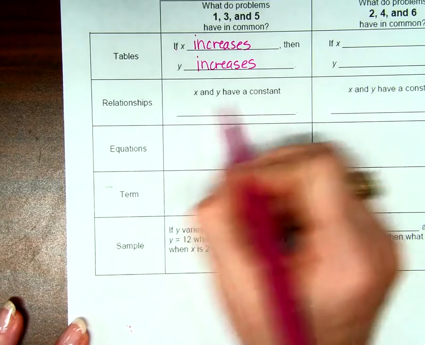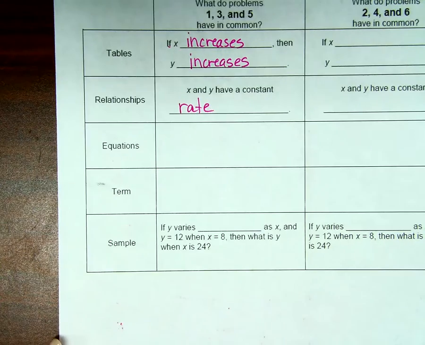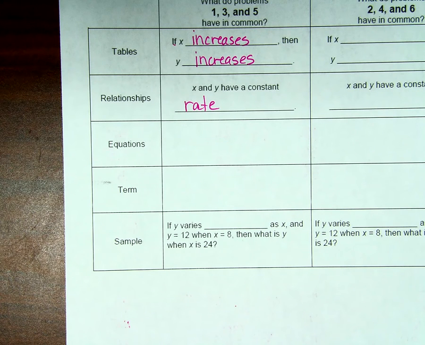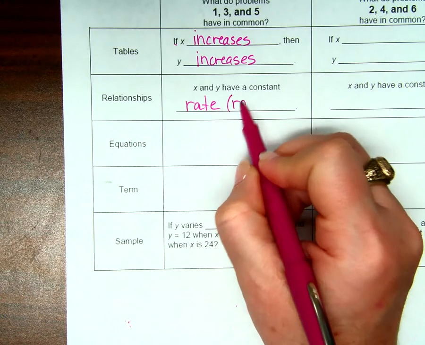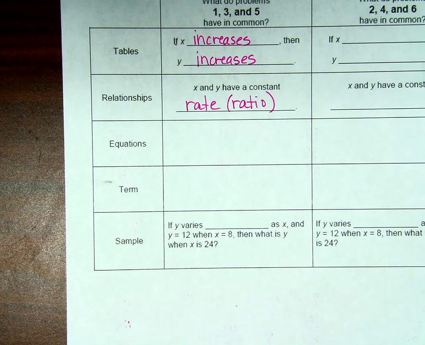So would you be okay if we called it a common or a constant rate? Oh, in fact, didn't you call it a rate of change? Isn't slope and rate of change the same? Right? So x and y do have a constant rate. Another thing that sometimes people call it is a constant ratio. Okay?